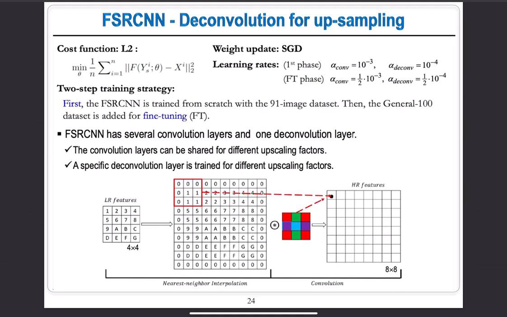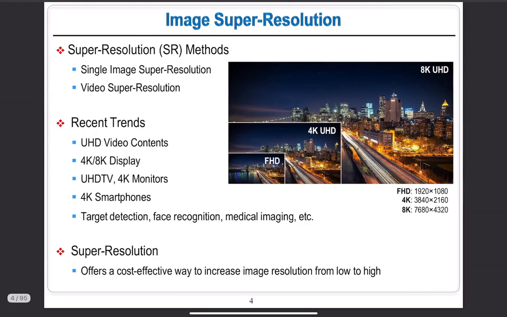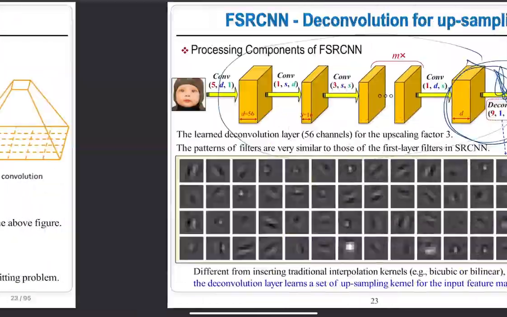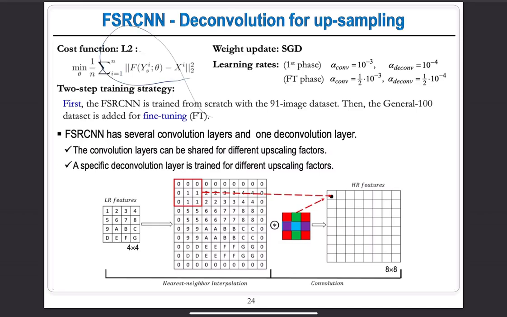With this slide, we can discuss FSRCNN's training details. FSRCNN uses the same L2 loss function as SRCNN, but it also introduces a two-step training approach. At first, the model is trained from scratch on the 91-image dataset.